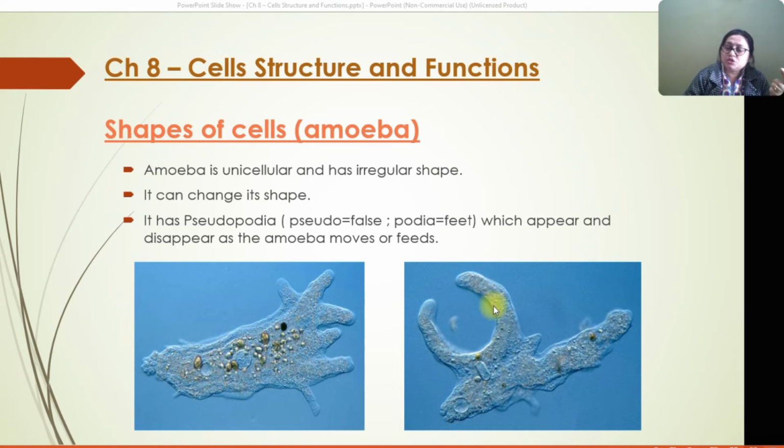So these pseudopodia help to capture the food in movement. Whenever needed, this amoeba can take out a false feet, or a pseudopodia is formed which helps the amoeba to feed, to move, and also to grow.